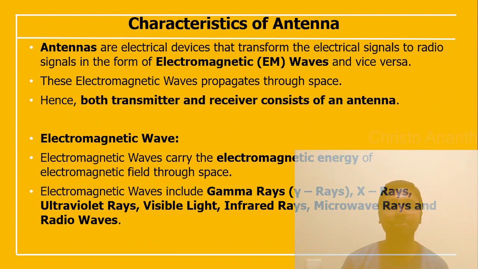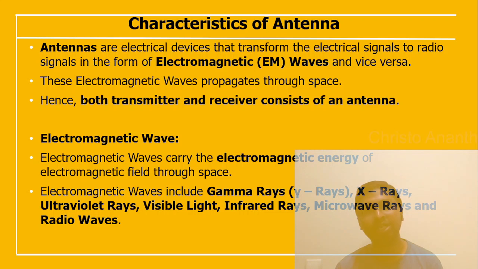Antennas are electrical devices that transform electrical signals to radio signals using electromagnetic waves, EM waves, and also radio signals back to electrical signals. These electromagnetic waves propagate through space. Both the transmitter and the receiver will have an antenna. The electromagnetic wave carries the electromagnetic energy of the electromagnetic field through space.